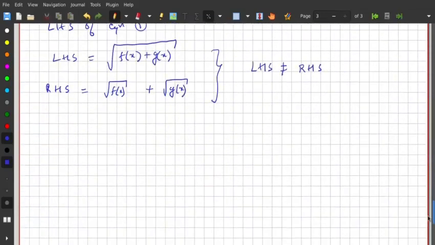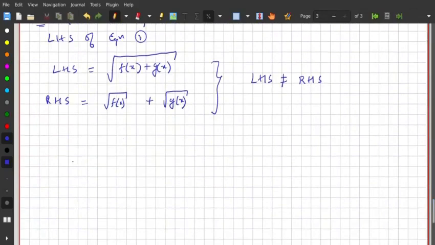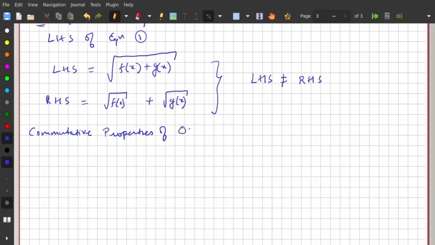Okay, so what we will talk about next is the commutative properties of operators.